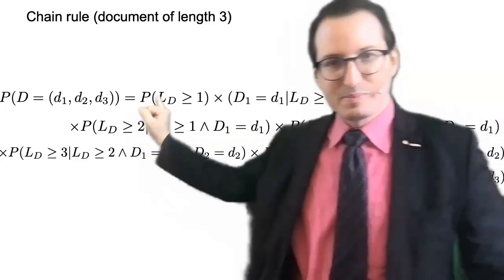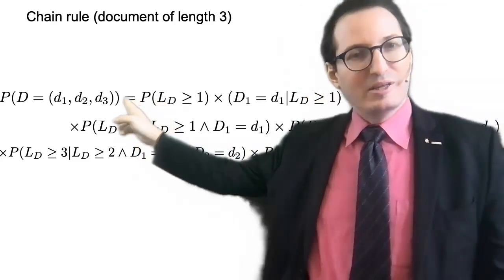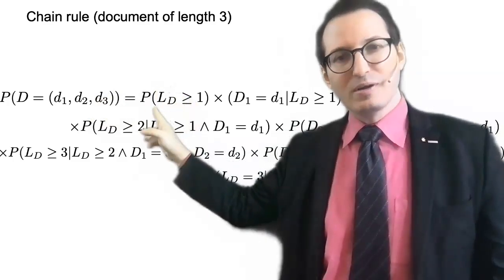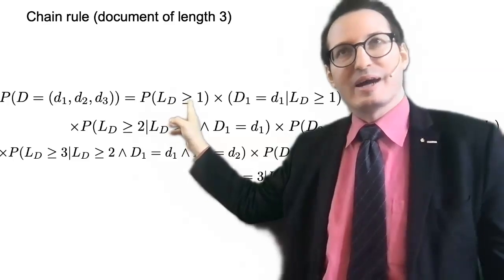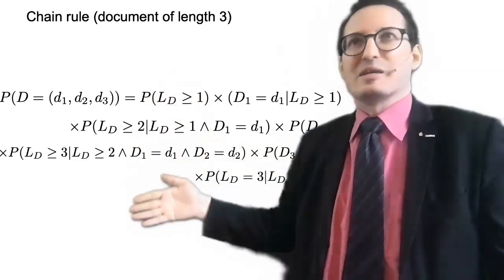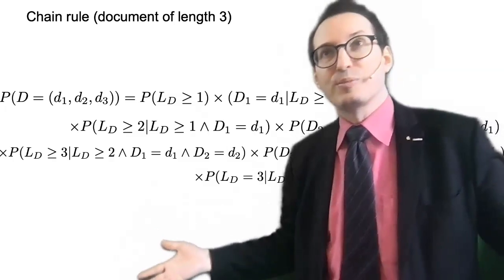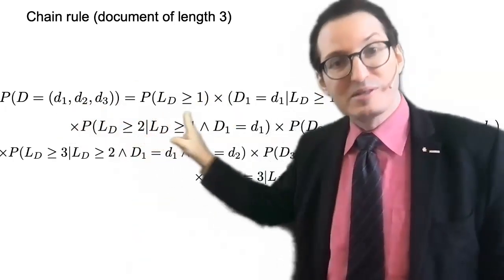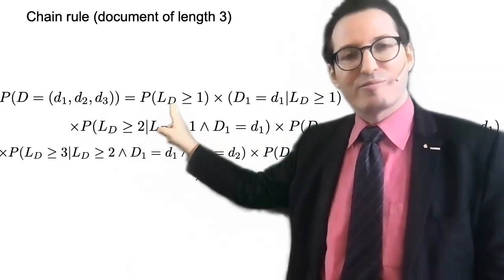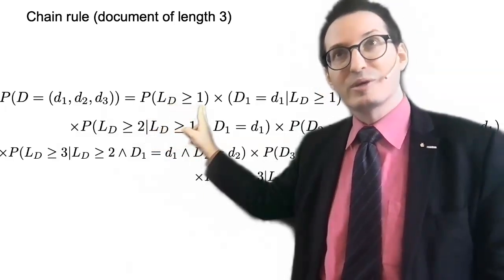So first, you agree that in order to generate computers are cool, I have to have the length of my output document to be at least 1, right? Because if it already stops at 0 and it's empty, I will not get computers are cool, right? So in order to get computers are cool, I first need to know that the length of my document D is at least 1. Who agrees?